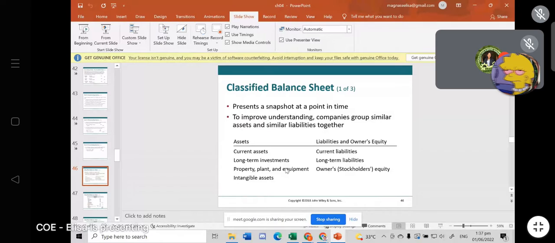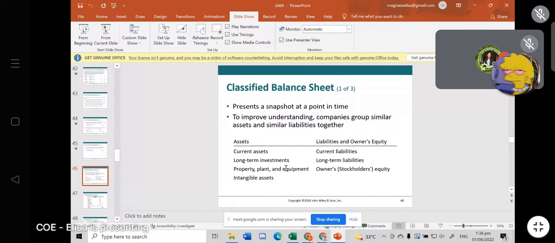I'm not sure if you can still recall your activity number 1, in which you were asked to research the different financial statements of your chosen company. So when we say classified balance sheet, we classify all our accounts into different classifications.